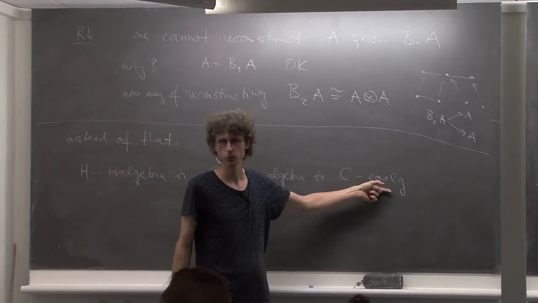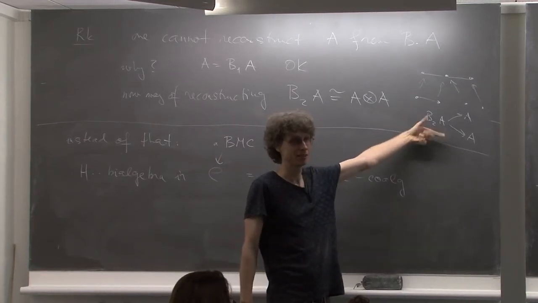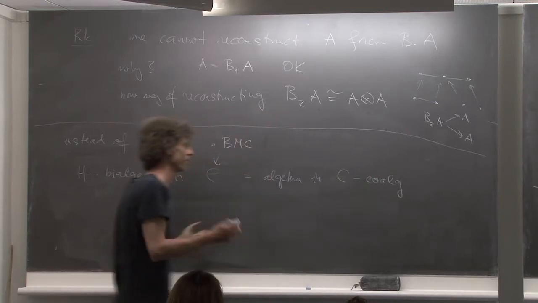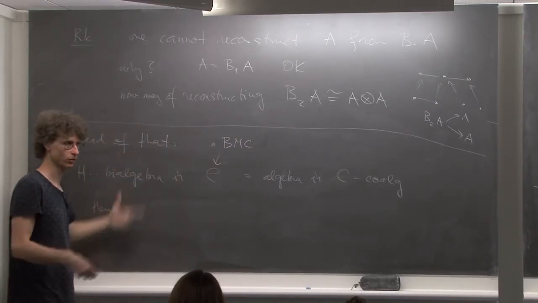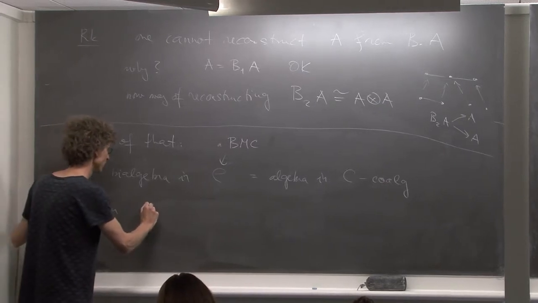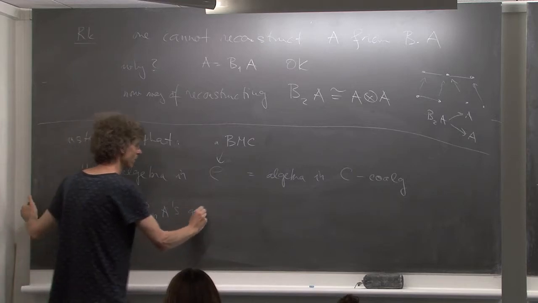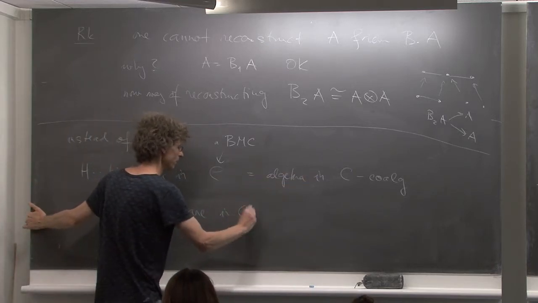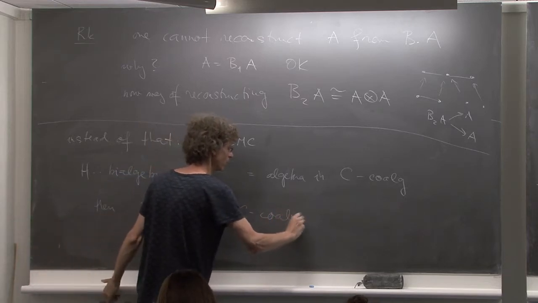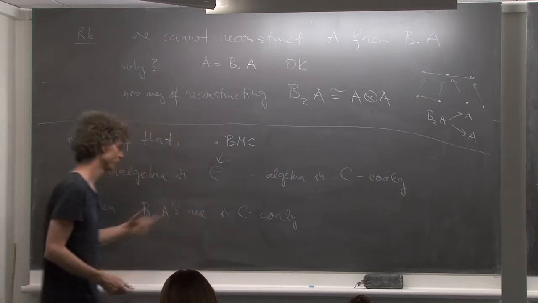And once we start doing that, then all of a sudden this is no longer such a huge problem. Because then, well, I'll do it after a break, but just to see what's happening. So then all those B and A's are here in C coalgebras. So that means that they are coalgebras, those things.